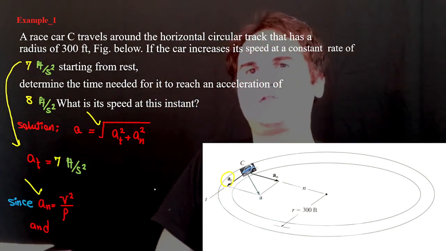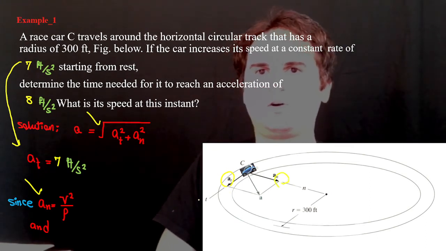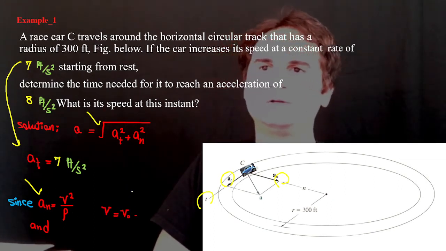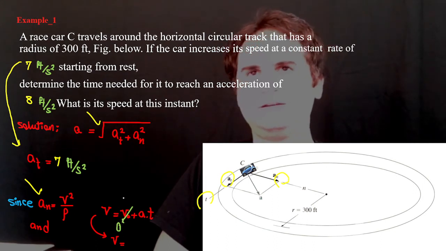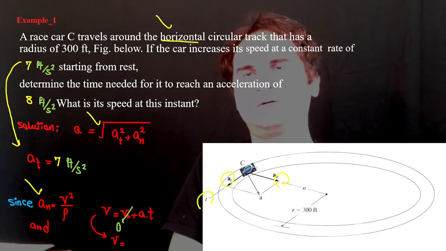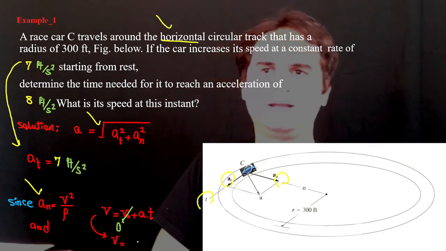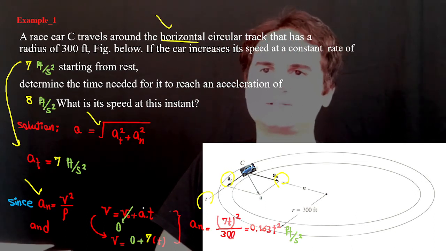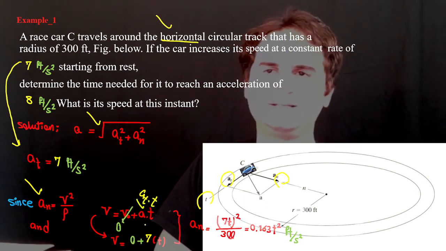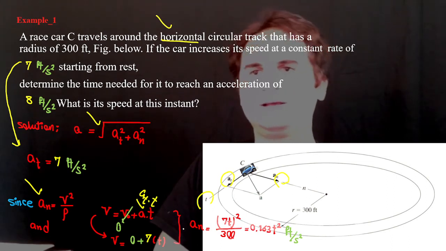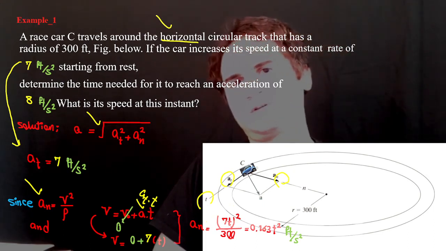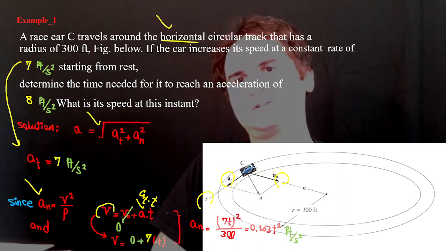We already know from the normal and tangential components that the normal component of acceleration is v squared over rho, and v is v naught plus at t in horizontal movement. So v is equal to 0 plus 7t, because that's at times t, and velocity is 7t.